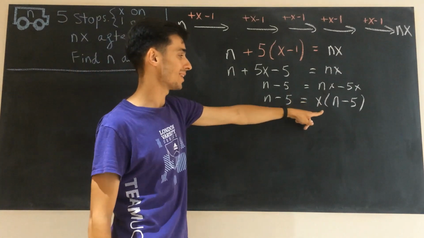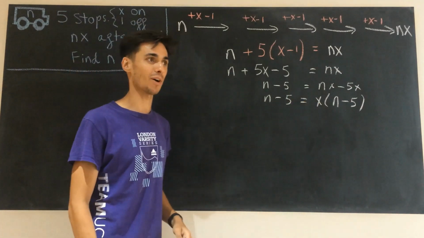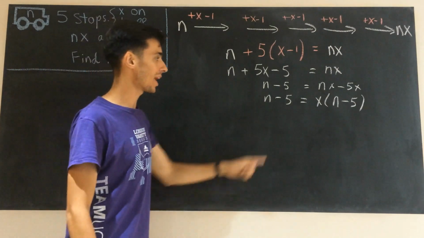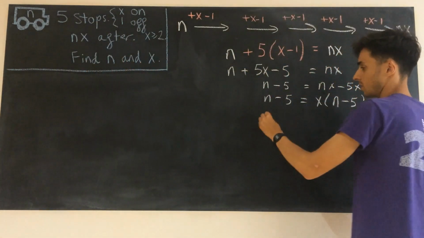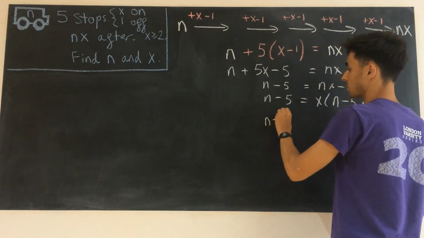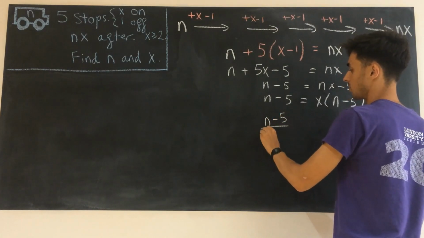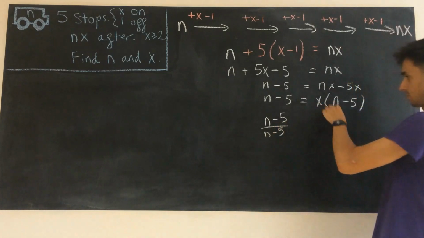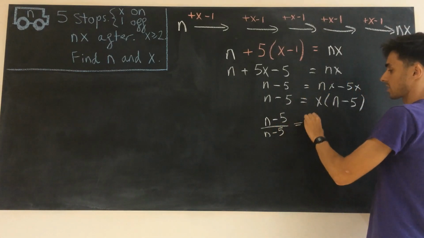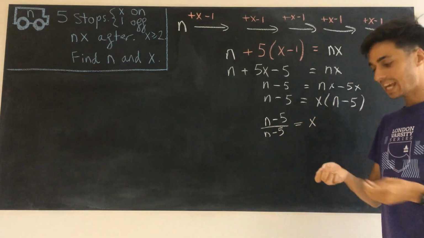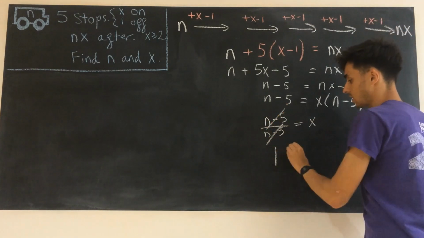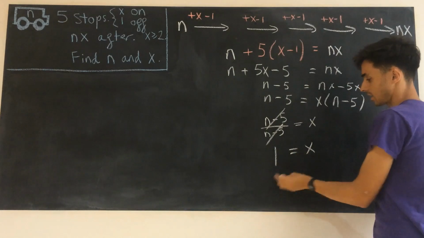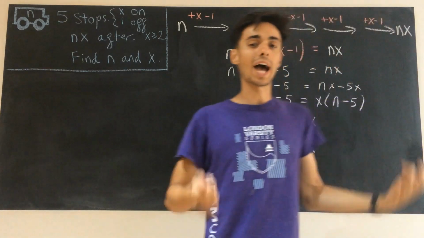N minus 5 equals x brackets n minus 5. Obviously, what we should do now is just divide through by this n minus 5. So let's divide through. We've got n minus 5 divided by n minus 5, over there, equals x. And then clearly here, we can just cancel out. These both cancel out to leave us with 1 equals x. Job done, we're happy, aren't we?